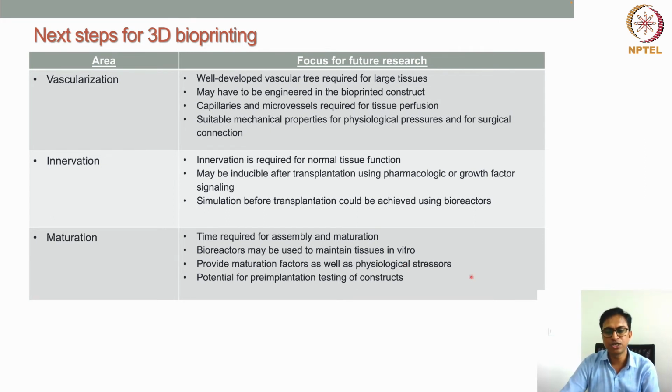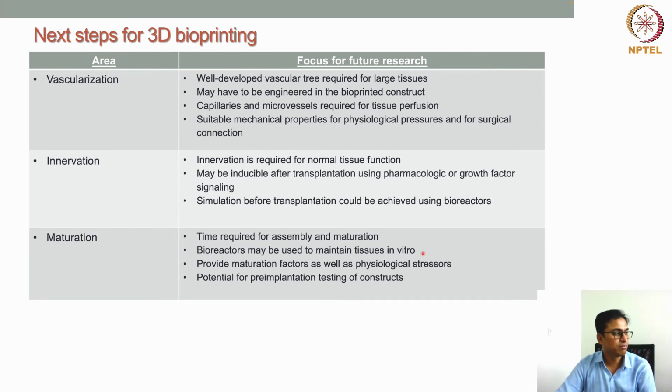And there are some physiological stressors, like mechanical signals, such as stress or strain. Cyclical loading and unloading, stretching, and bending can be given, because many of our tissues undergo this kind of cyclical loading and unloading, and also other signals, like electrical signals.